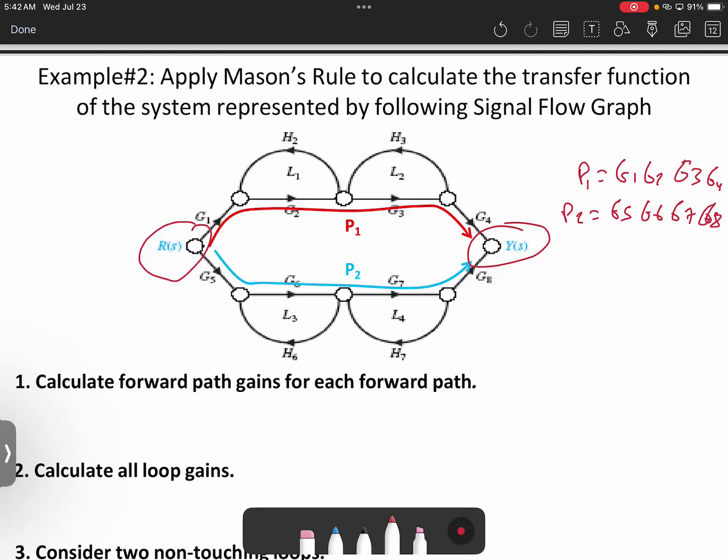Then the loops. How many loops do we have? One, 2, 3, 4. These are 4 loops. Can we use this one that I wrote?